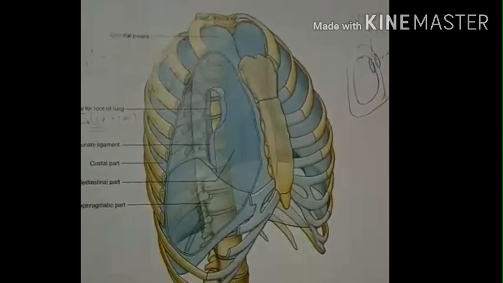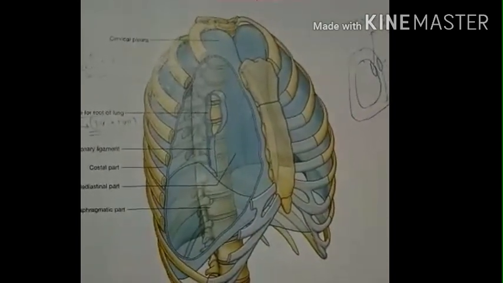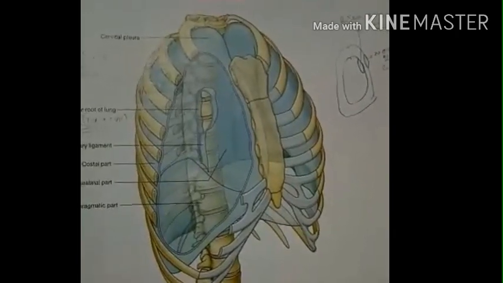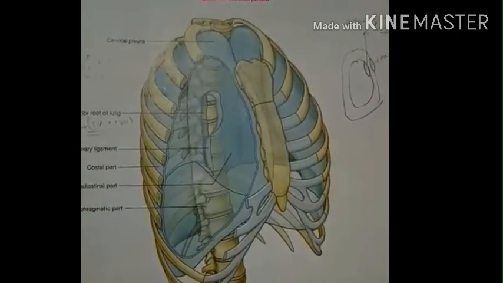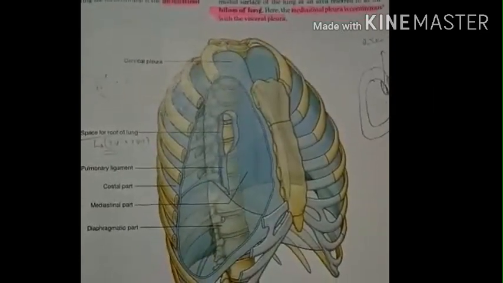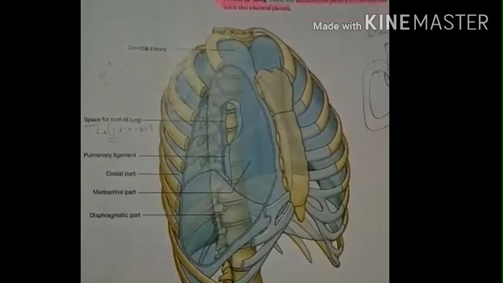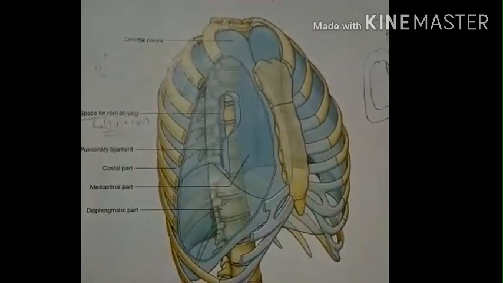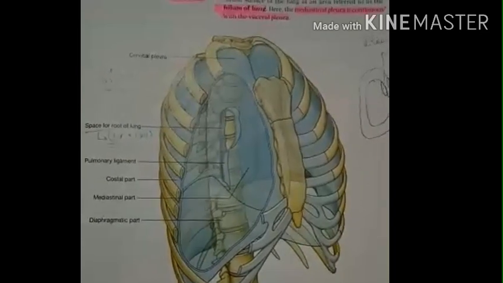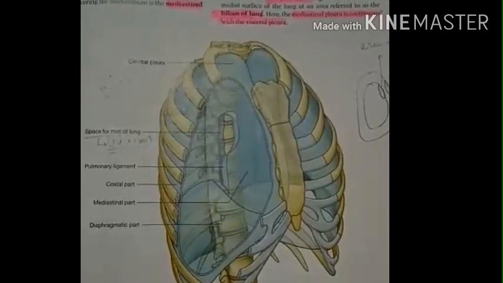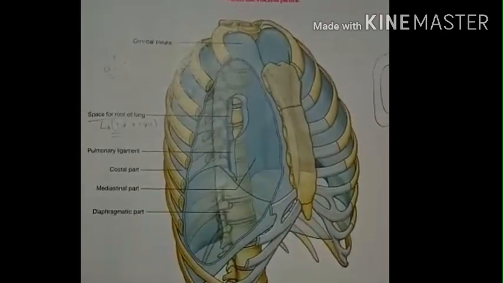The visceral pleura lies between the parietal pleura and the lungs, that is, it lines the lungs. Between the parietal pleura and the visceral pleura, there is a cavity which contains a thin layer of serous fluid. It helps in the expansion of the lungs during inspiration.